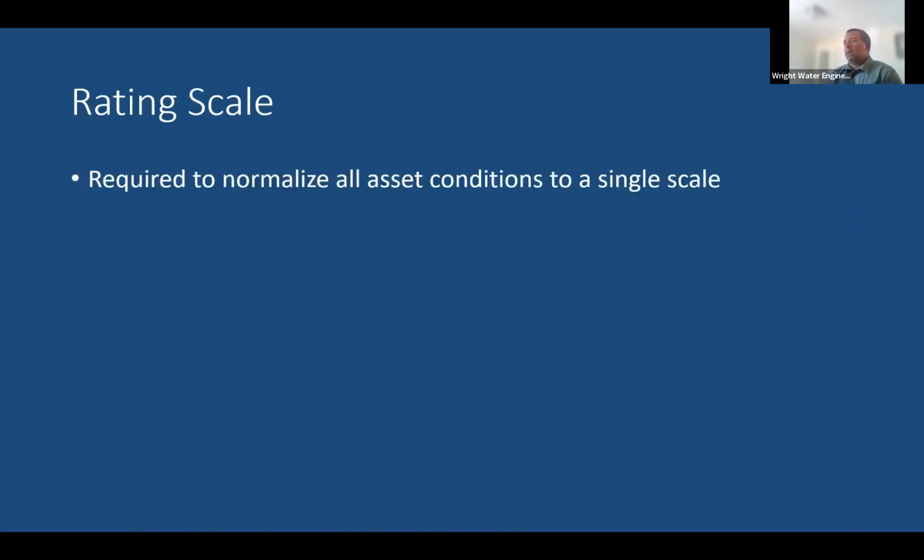So a rating scale is really designed to kind of normalize all of these conditions to a certain scale. Normalize being, how do we rank which assets are in good condition versus which asset is failing.